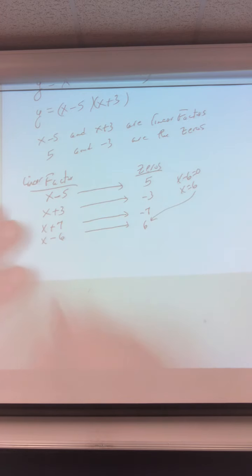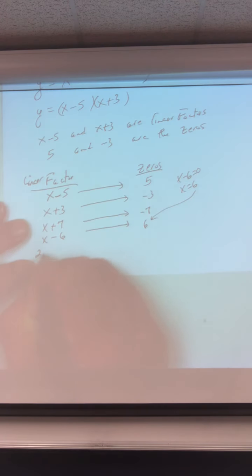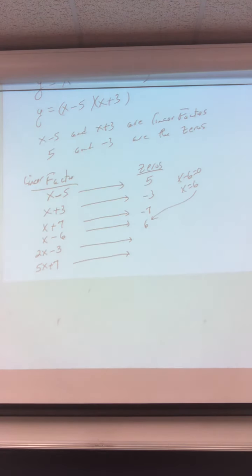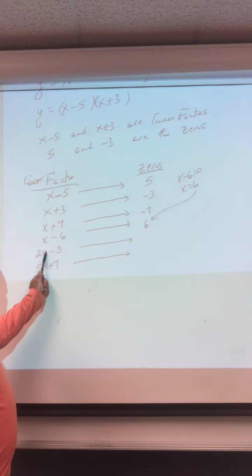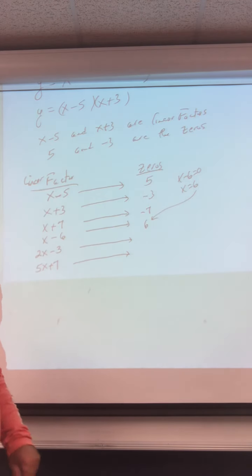Okay, now, see if you can do this one. You said, now, wait a minute, these are not linear factors because they got numbers in front of the x's. Yes, they are linear factors because x is still to the first power. So, what do we have to do to get the 0 for this linear factor? You set the linear factor equal to 0.